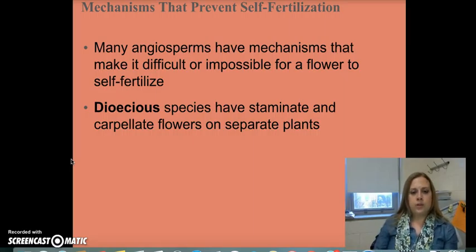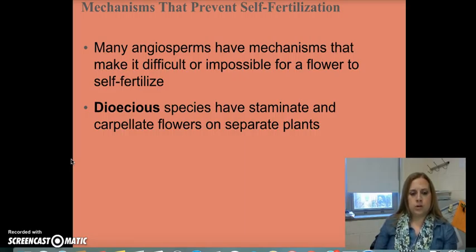Now, because plants have different ways of reproducing, not all plants are going to reproduce asexually, and not all plants are going to self-pollinate. There are some angiosperms that have mechanisms to actually prevent that from happening. So they make it either really difficult or even impossible for a flower to self-pollinate.